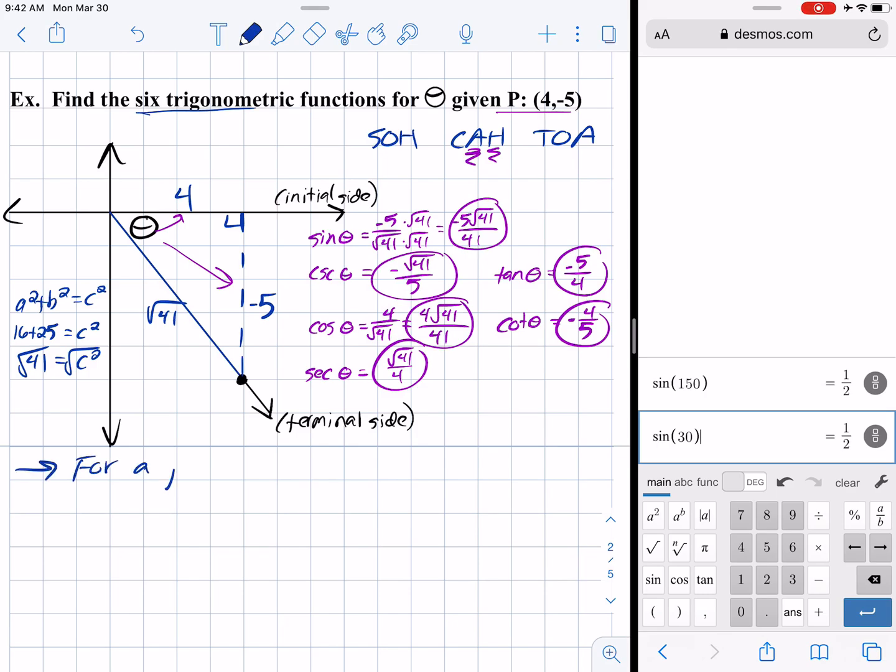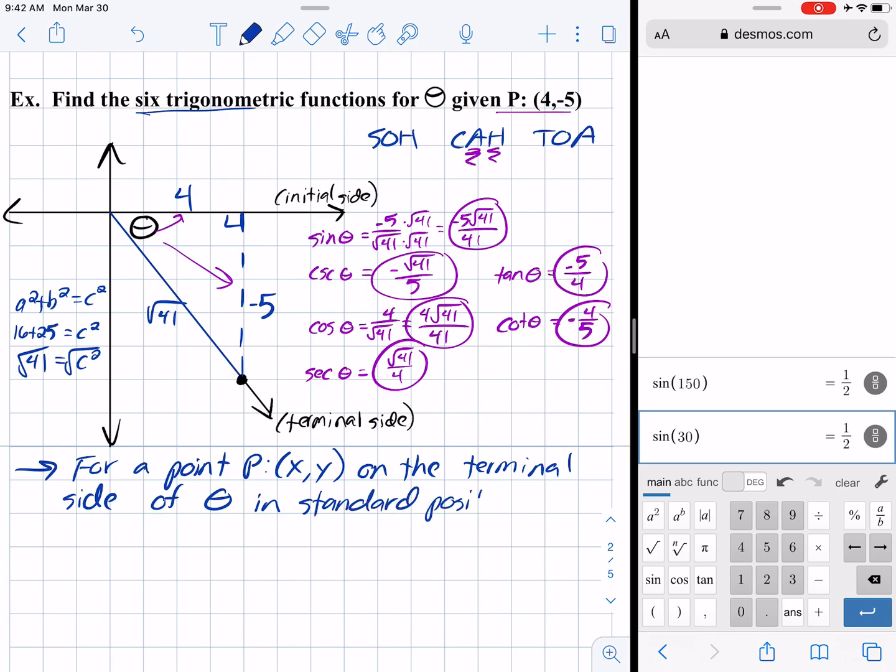For a point P, (x, y), on our coordinate plane that's on the terminal side of theta, also in standard position, the radius is really just r.